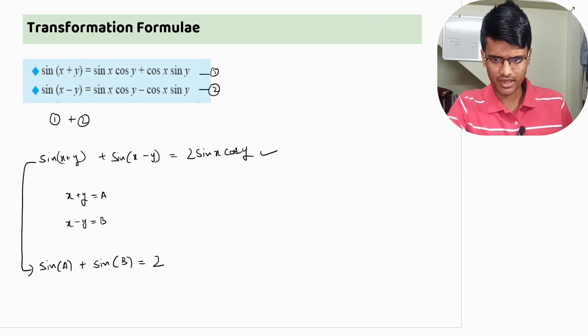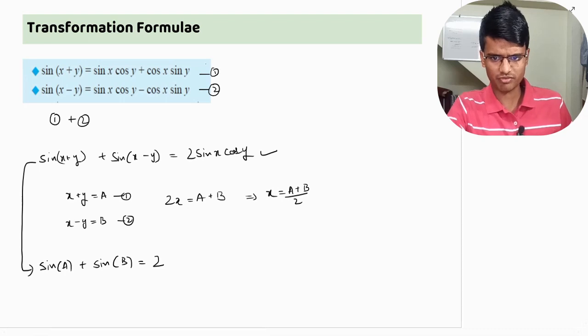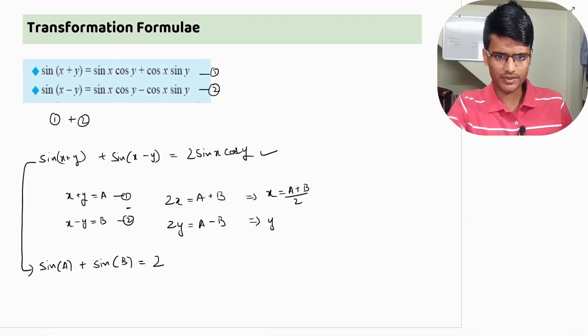If I add these two, 1 and 2, I get 2x equal to a plus b, which is nothing but x equal to a plus b by 2. And if I subtract 1 minus 2, I get 2y equal to a minus b, which is nothing but y equal to a minus b by 2, right?